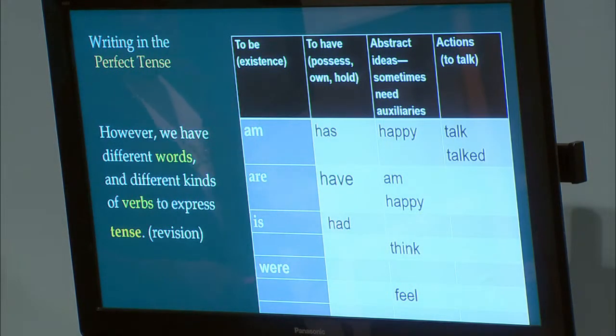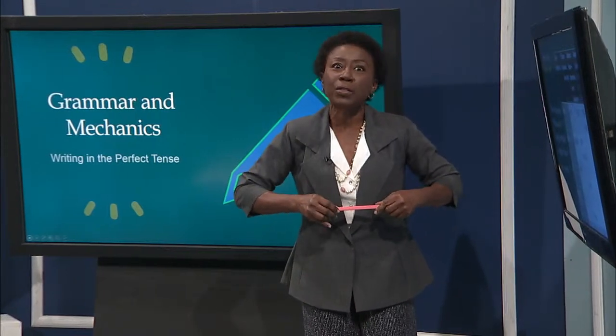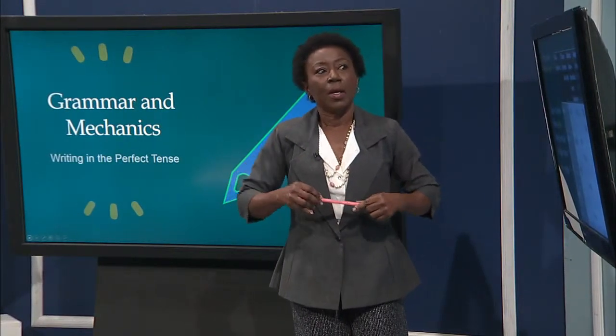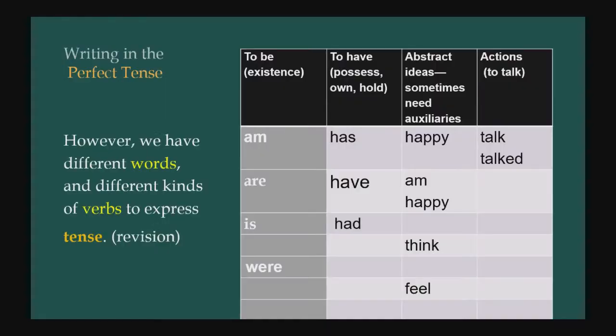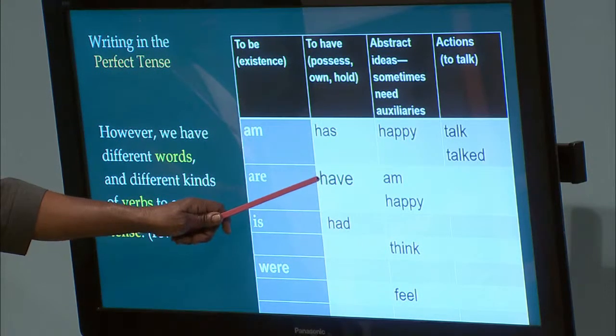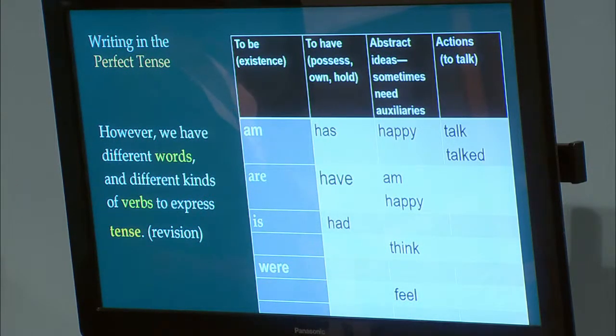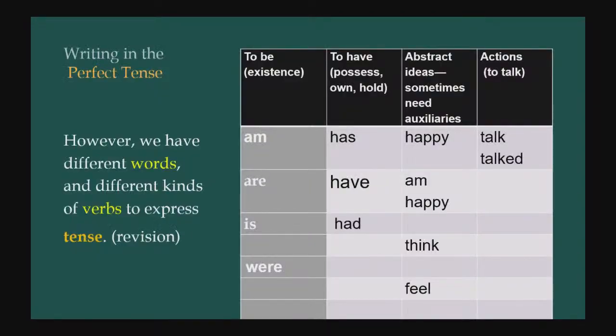So we have different words that are actually verbs, but many of you do not realize that. So I am just reminding you that even though we are focusing on this set of verbs, has and have, you must bear in mind the other verbs, which will appear in your writing as well.